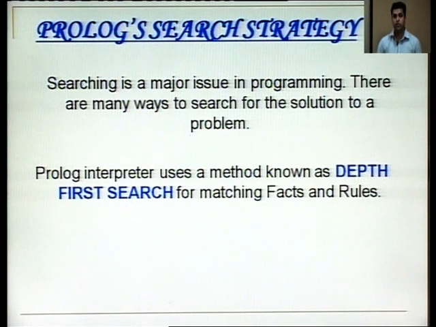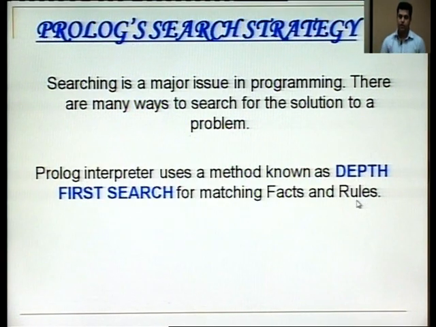How does it manage a huge database of facts and rules? Searching is a major issue in almost all programming languages. There are many ways to search for a solution to a problem. The Prolog interpreter uses a method known as depth first search for matching facts and rules.